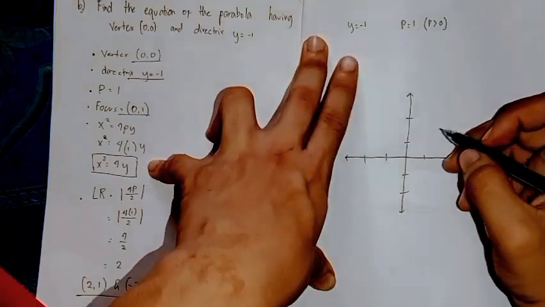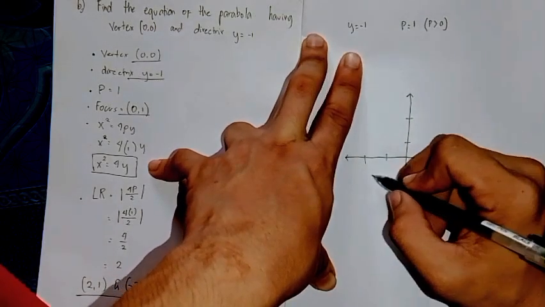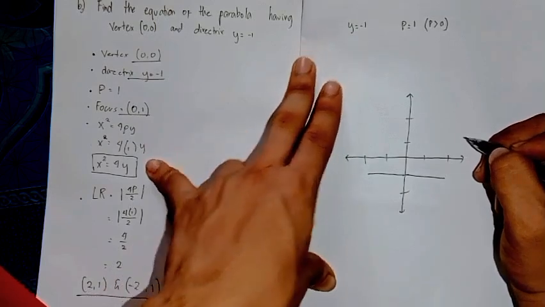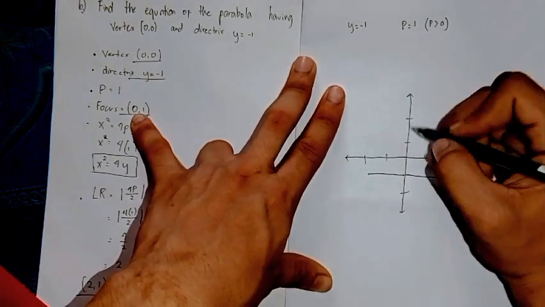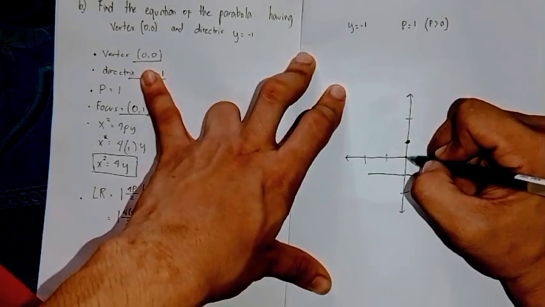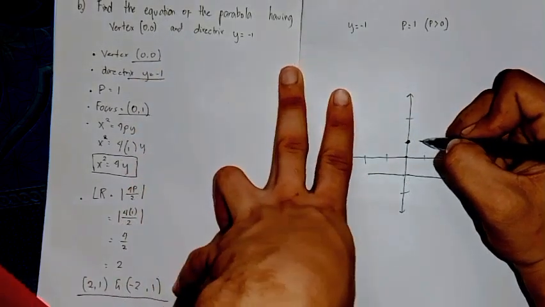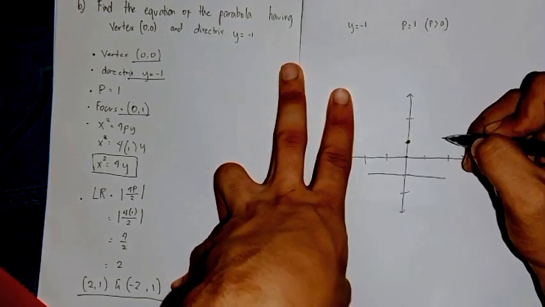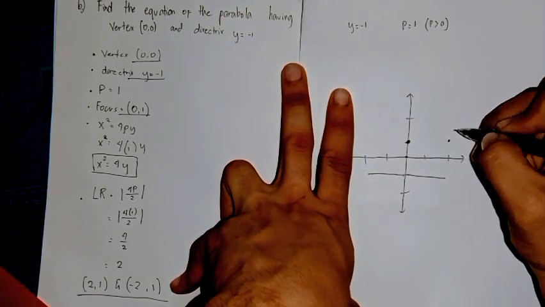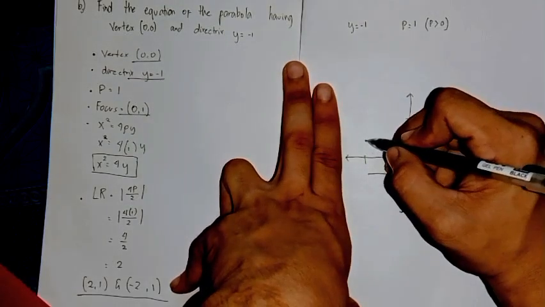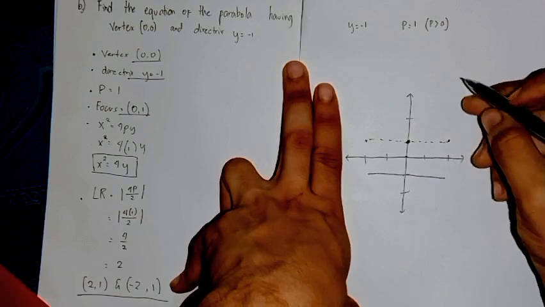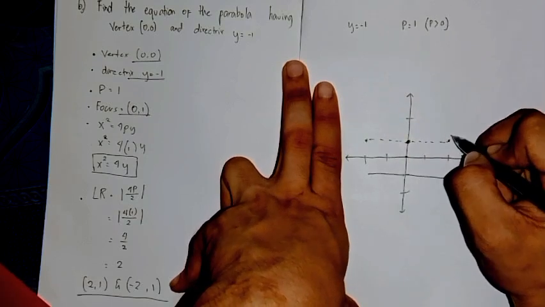Now the directrix is negative 1, so here, this is our directrix. Our focus is at (0, 1). This is our focus, and our vertex is here, (0, 0). And our latus rectum endpoints are (2, 1) and (negative 2, 1). So this is the latus rectum. Now let's connect the points.